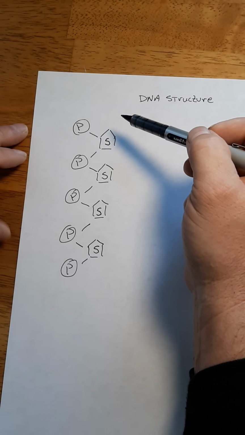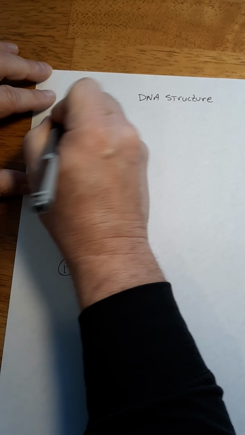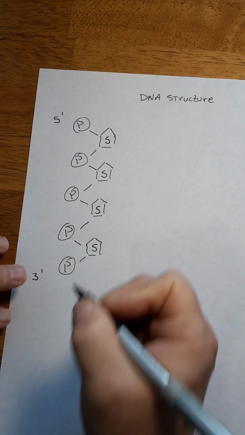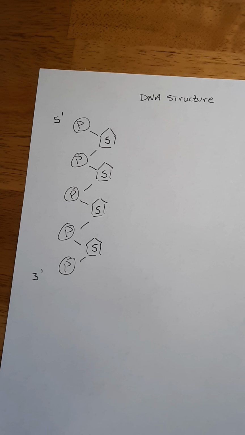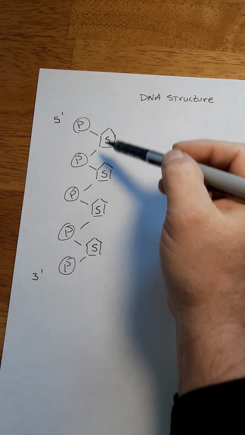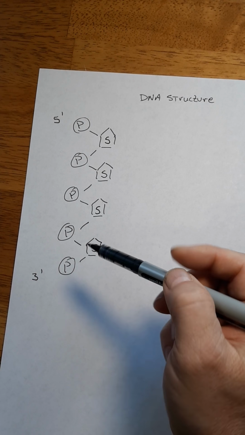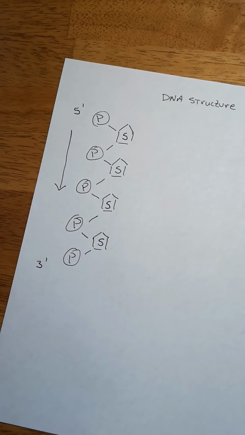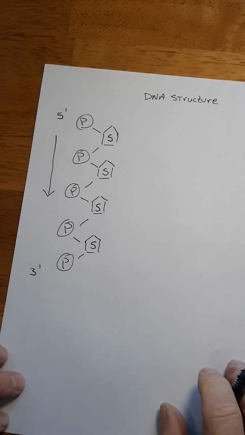And you'll see this business of 5' and 3', and you'll hear me refer back to that from time to time. So this side of the molecule is oriented running from 5' to 3' this way.